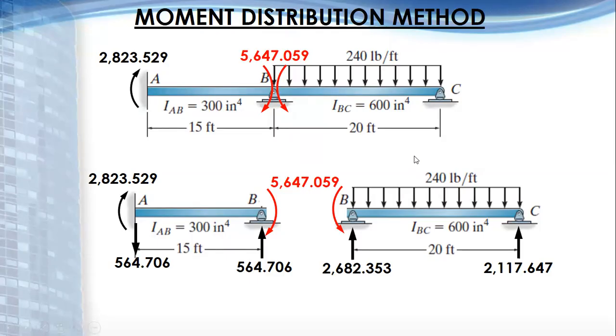And then after this, apply sa beam, like sa support at A, it's downward. And sa B, i-add ni. You add RB1 and RB2, and the total is 3,247.059. And then C na yun.